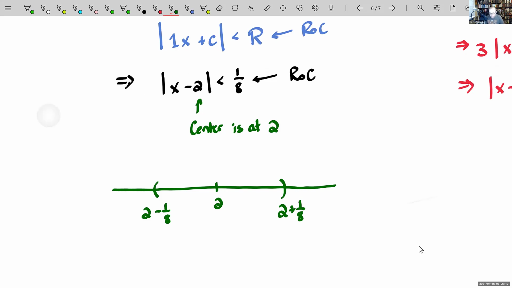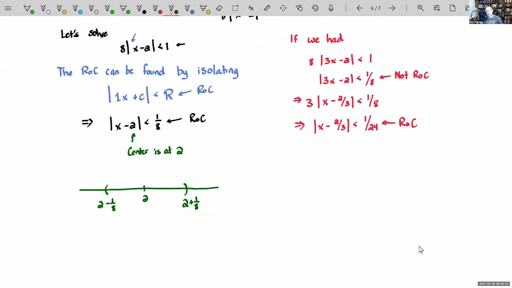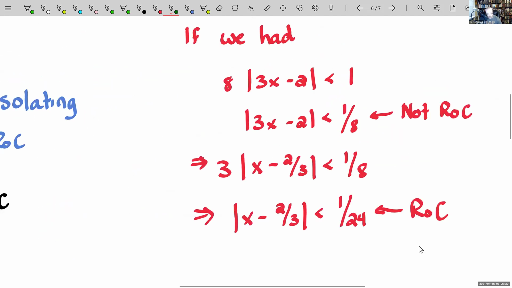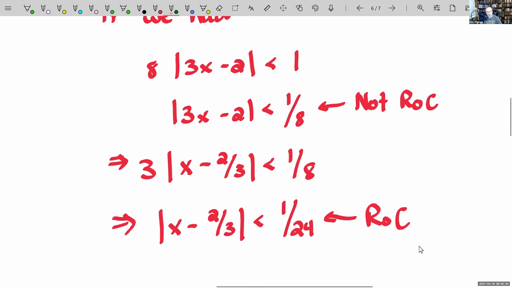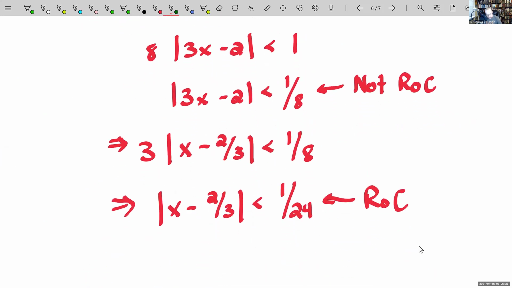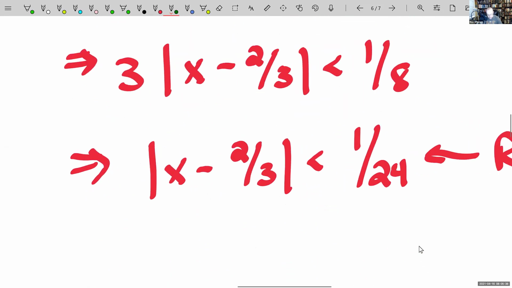Now, I do want to go over to the red ink really quickly and mention, if you had instead of 8 times the absolute value of x minus 2 less than 1, 8 times the absolute value of 3x minus 2 less than 1, you would eventually try to get x to have a lead coefficient of 1 by factoring off that 3 and dividing.